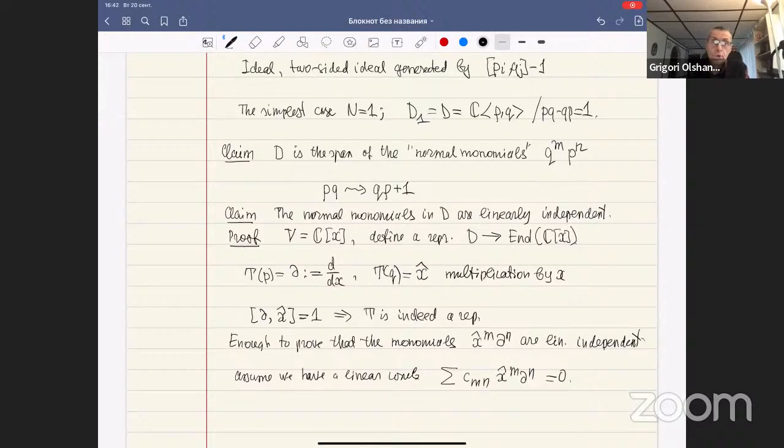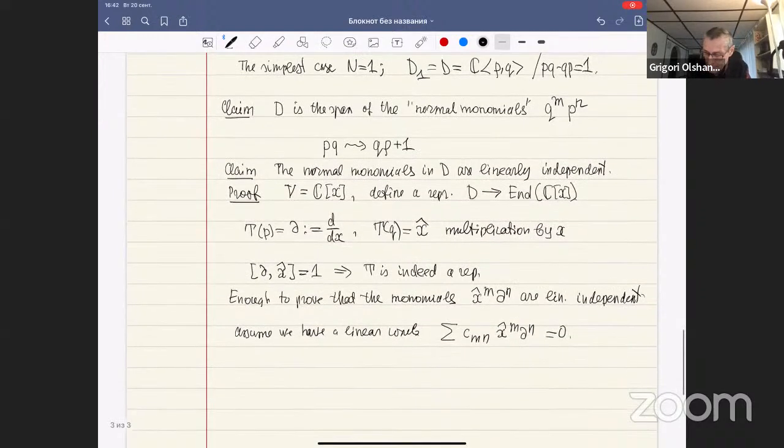Let's focus on the top degree terms. What does top degree mean?